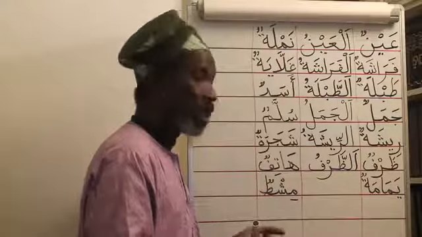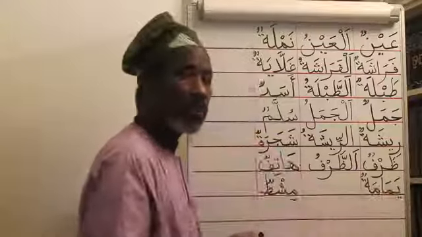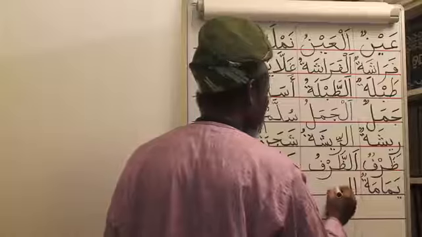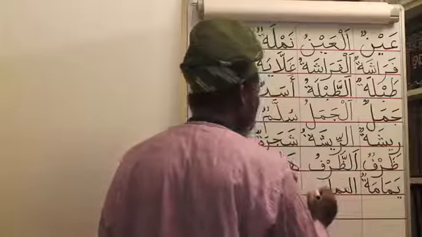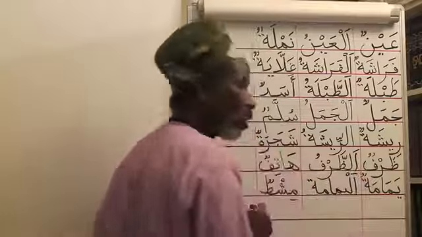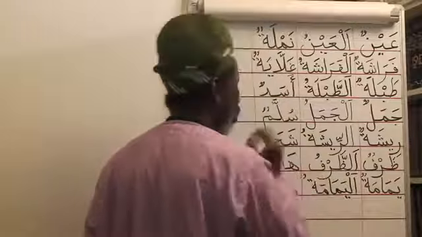Next one, Yamamatun. Ya is a moon letter. Al-Yamamatu. So "al" has a sukun on the lam. Al-Yamamatu, single U.